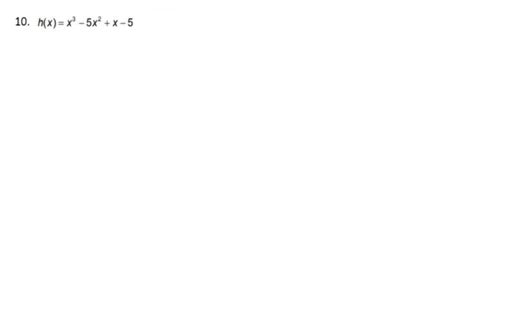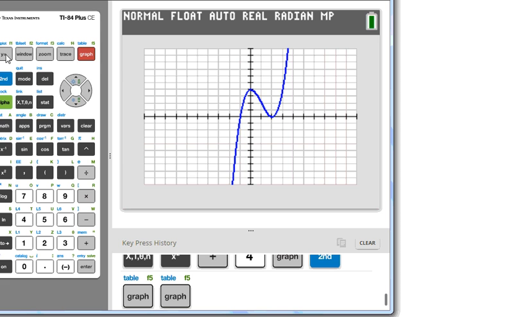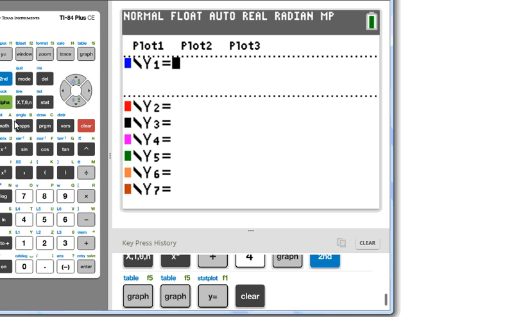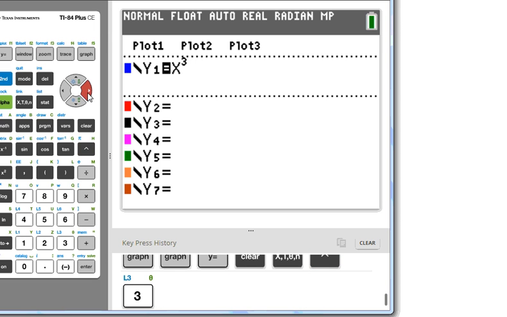10. Yeah, 10 should be one of the easy ones. X cubed minus 5x squared plus x minus 5.